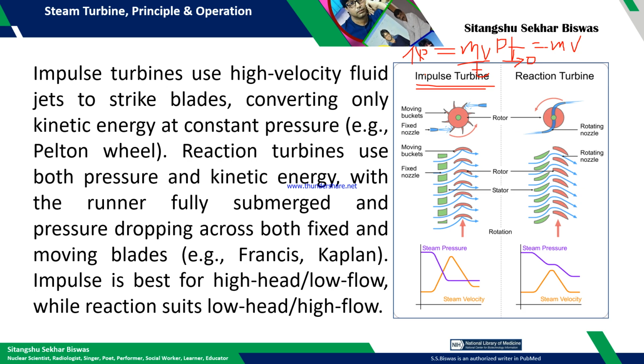Impulse turbines use a high velocity fluid jet to strike the blade, as I told. So suddenly once it is striking the blade, in a very short interval, a high pressure develops in the blade, and that thrust will cause the turbine to rotate. In contrast, reaction turbines use pressure and kinetic energy both.